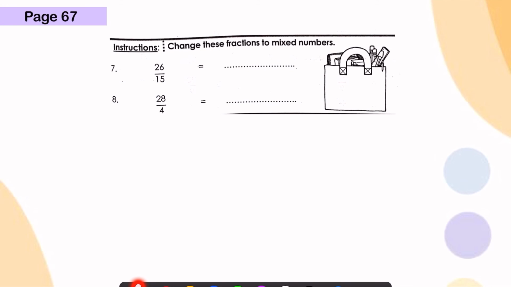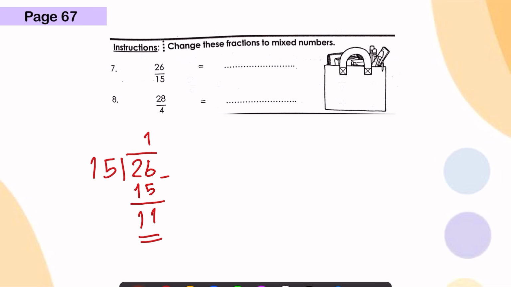So for this activity, they want you to change this fraction to mixed number. Do you remember how to do that? Remember, you can change from improper fraction to mixed number by division. So now you need to divide 26 by 15. How many times 15 goes into 26? At least 1, right? Then 26 minus 15.